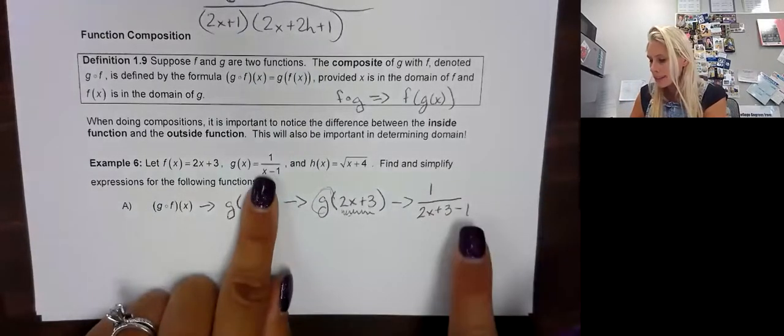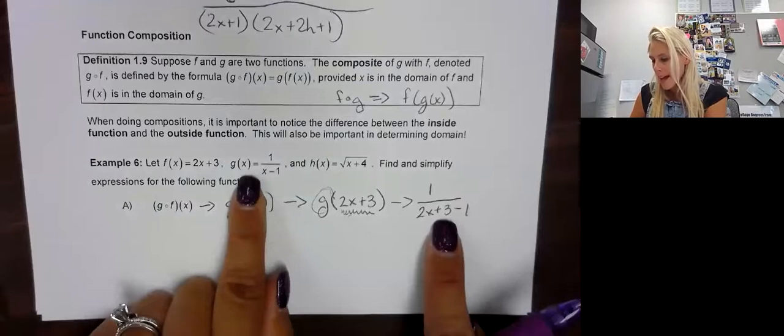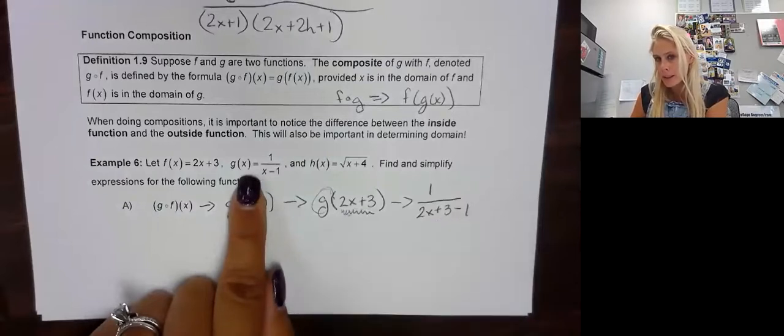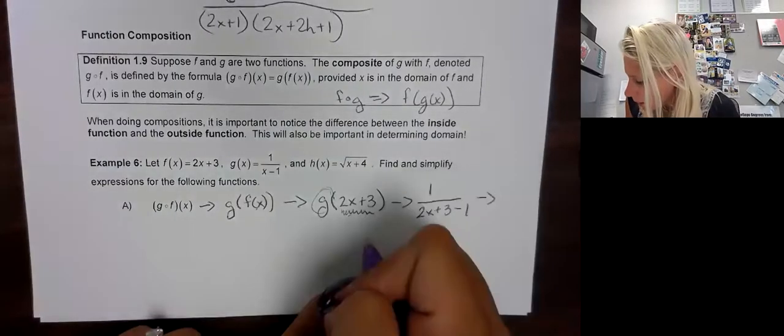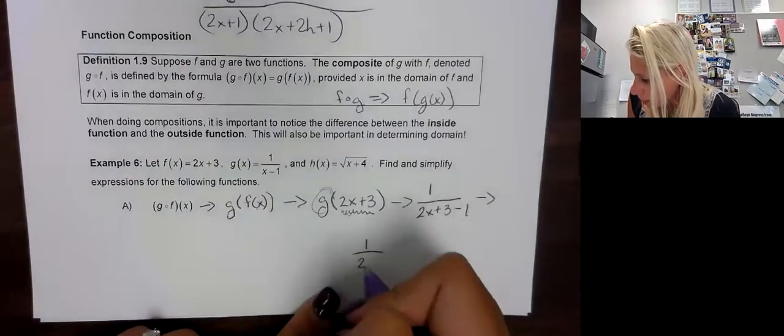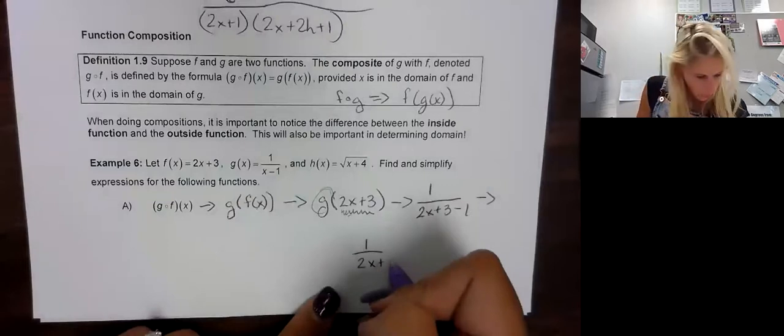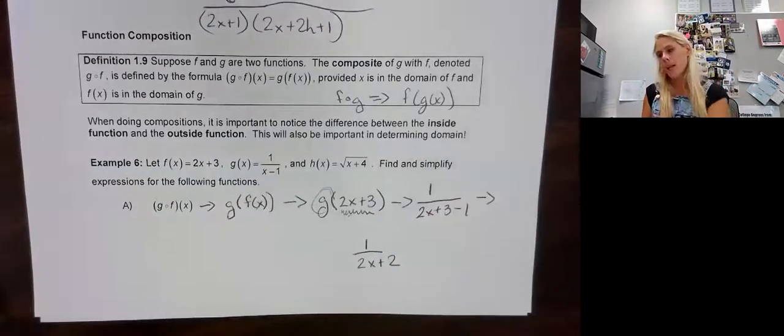See how this looks like G of X? But instead of X, I put the 2X plus 3. And of course, I can combine that 3 and -1. I get 1 over 2X plus 2. Okay.